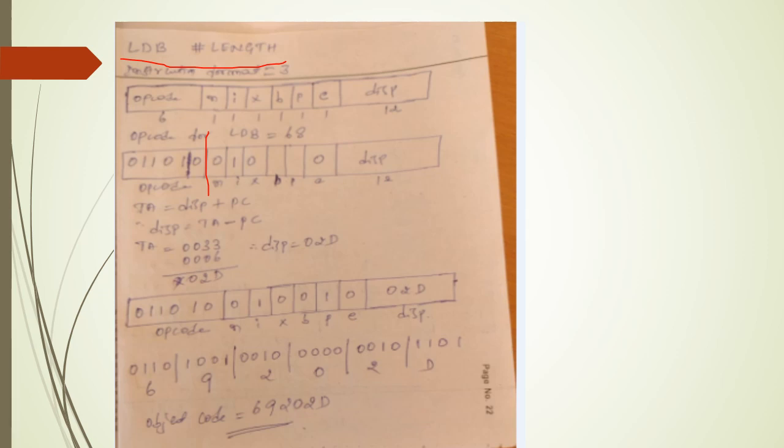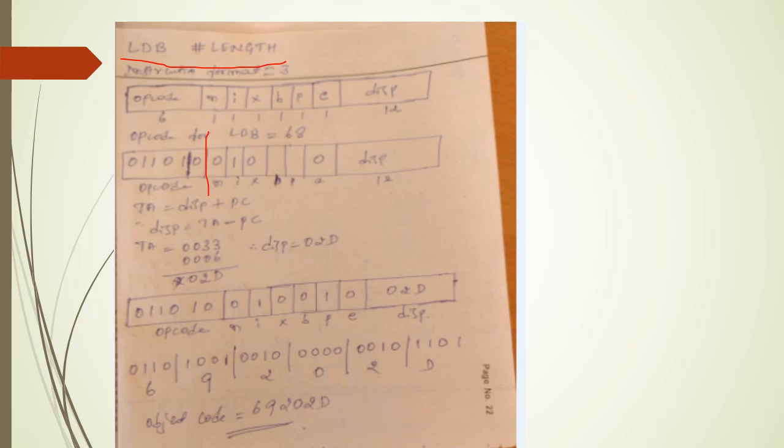Now we'll calculate the displacement. First we'll assume that it is PC relative. So target address is equal to displacement plus PC, therefore displacement is equal to target address minus PC. The target address, that is the address of this length, is 0033.